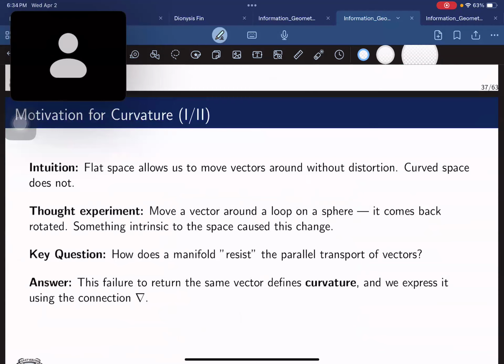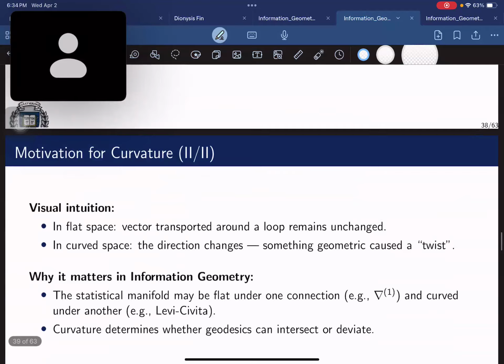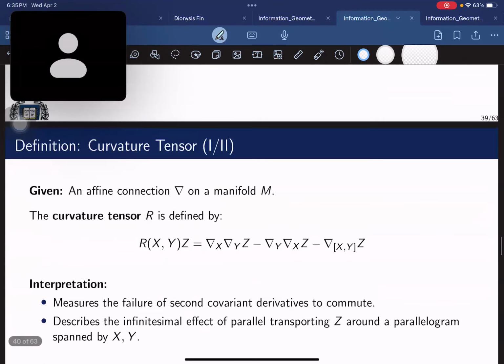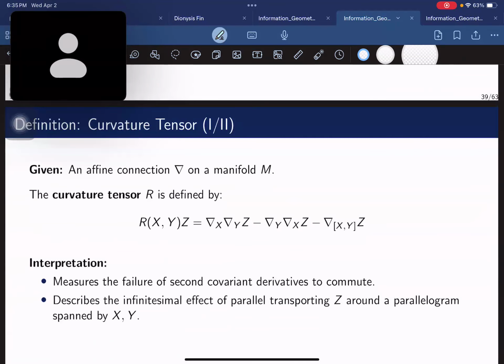Okay. If you remember from calculus 1, the concept of curvature was very closely related to the second derivative.